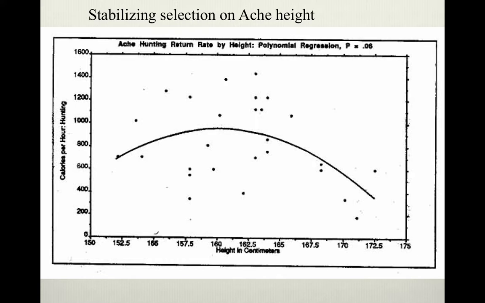Remember, the Ache are hunter-gatherers in Paraguay, and they have an average adult male height of about 5'4", so considerably smaller than American populations, for example. Well, what would be the benefit of being about 5'4" if you're foraging in dense tropical rainforest? Individuals who are much taller than 5'4", let's think about the average Maasai height at 6'4", or let's think about somebody like Shaquille O'Neal.